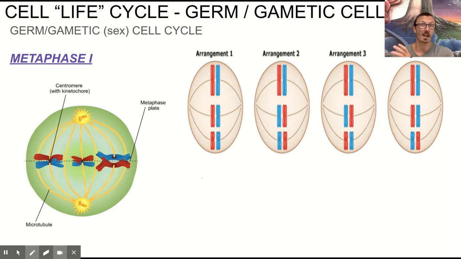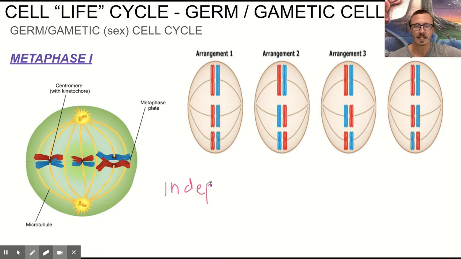And then again, because of crossing over, the genes, the portions of DNA that code for things and that are found in your chromosomes, can get shuffled and swapped around as well. So this random shuffling and lining up of these homologous chromosomes is known as independent assortment.